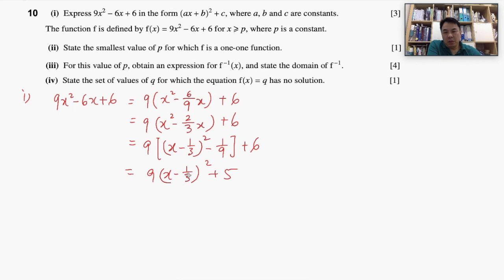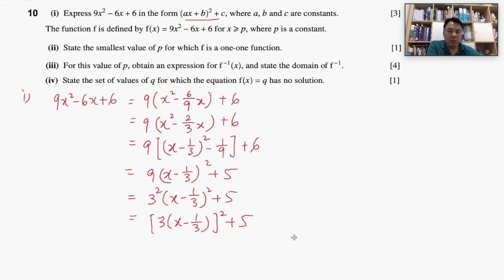It's easier to use this form rather than the form that they requested here, because here we can get the vertex, the minimum point, easily. But anyway, let's express that in the form that they want. To do so, this 9 I can write as 3 to the power 2. Now by using the index rule, because the index is the same, I can multiply my base and join the bases together.